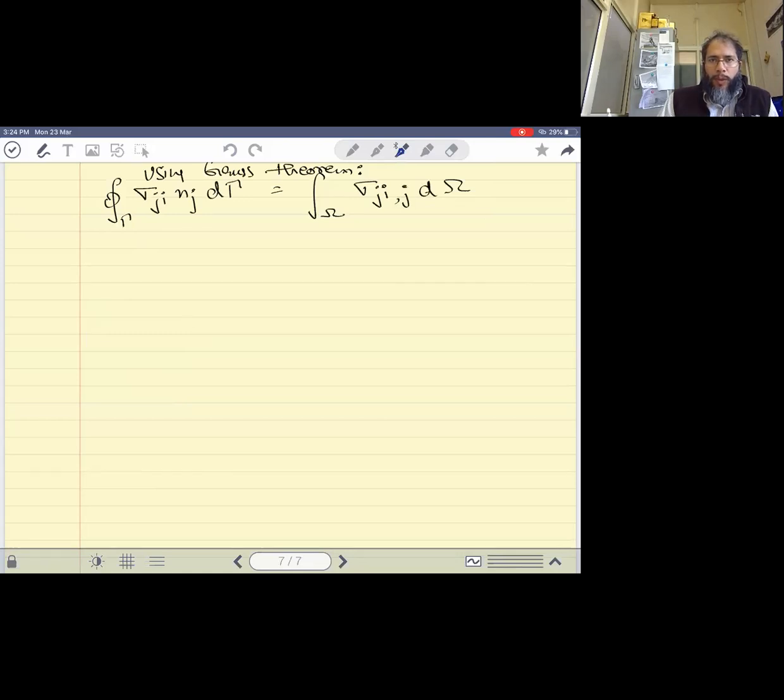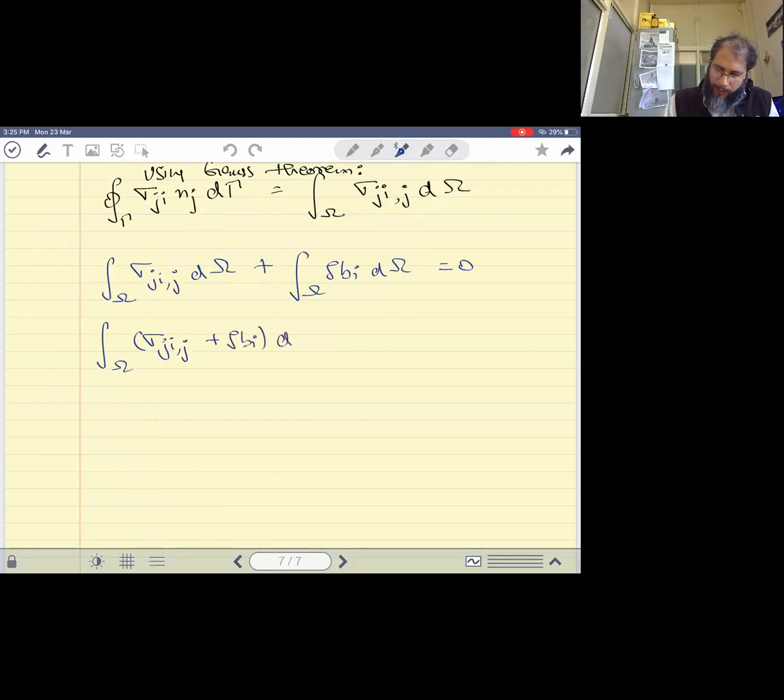So when we use this in the expression above, we get the integrated form of the force equilibrium equation.